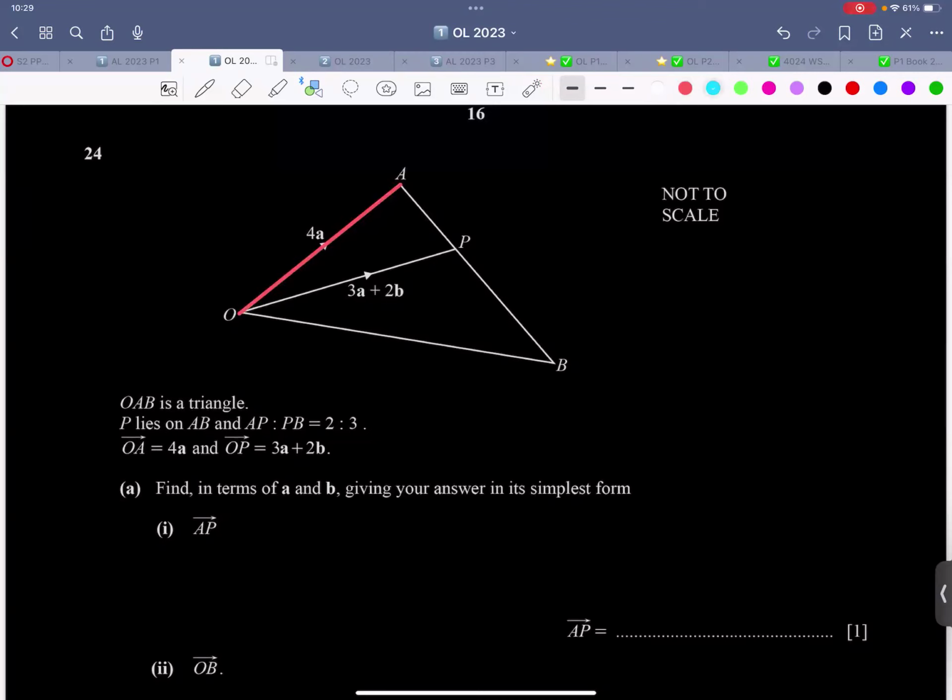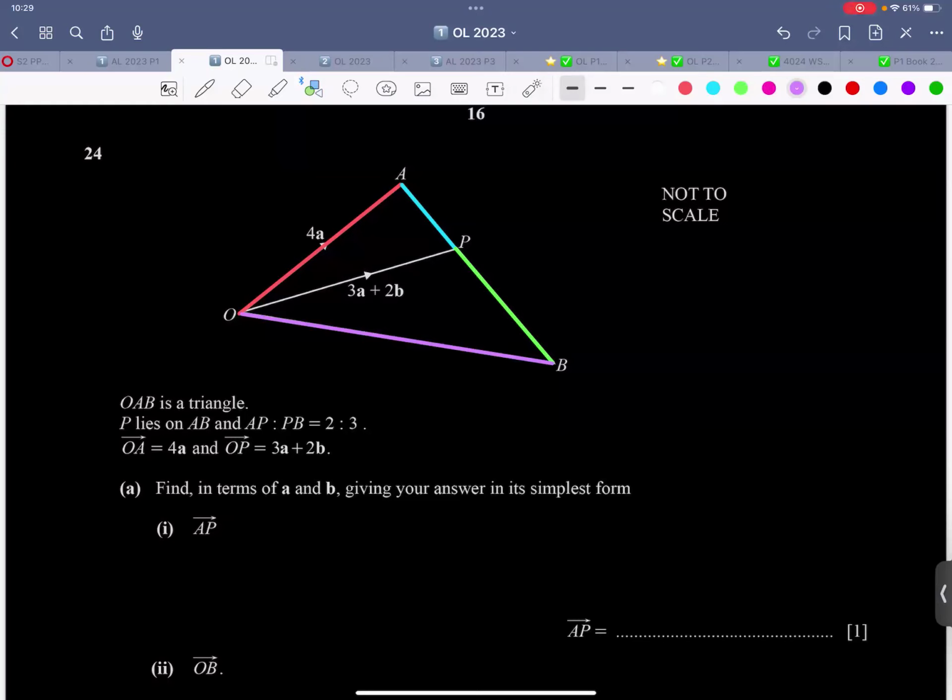That's OA. The next thing, let me mark it separately. That is AP. Let me mark this thing separately. That is the green one, which is PB. And then OB, that is in this purple type of color.